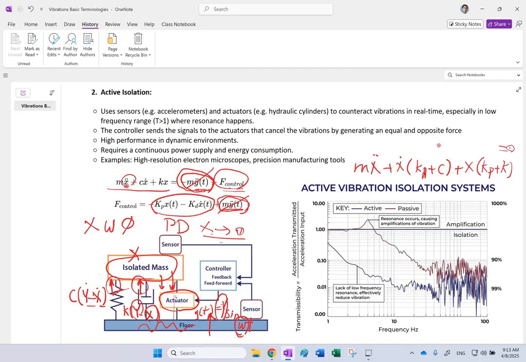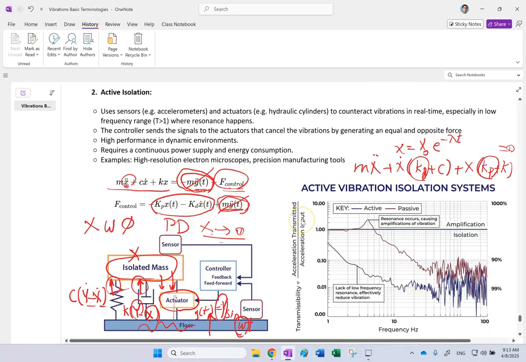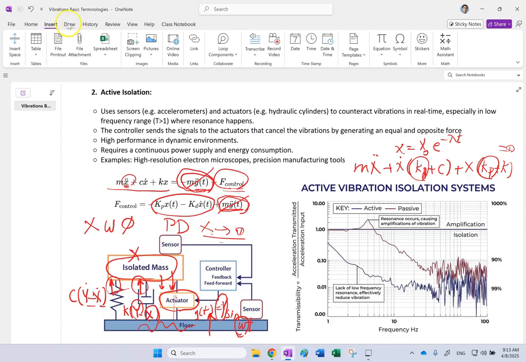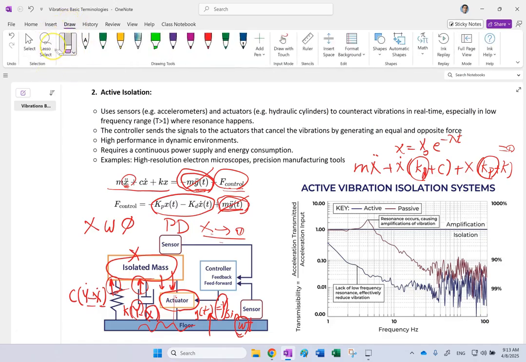This goes to zero, and of course this is a homogeneous solution, so x will be something like x0 times e to the negative lambda t, where the lambdas are roots of this, and by picking appropriate kp and kd, I can pick my lambda. Okay, so you see, in order to calculate this control force, I need to have sensors.